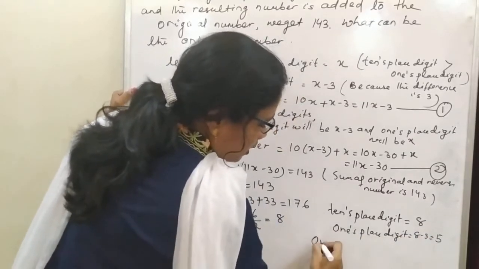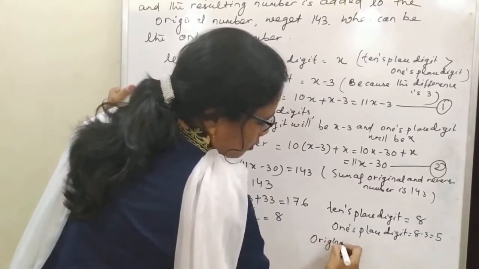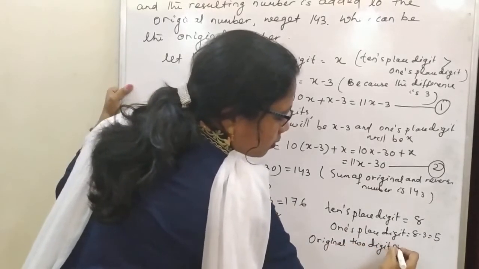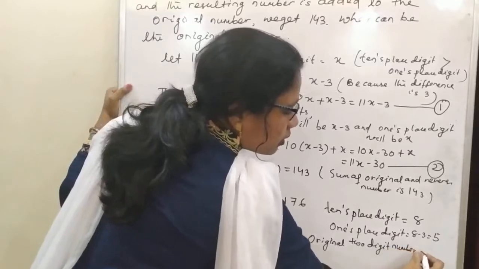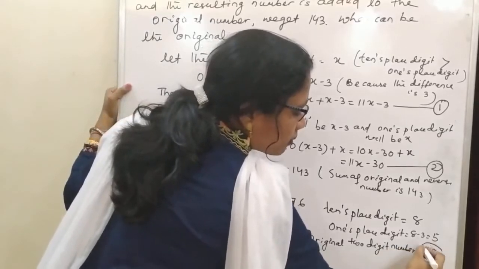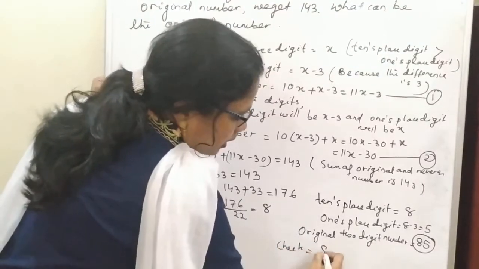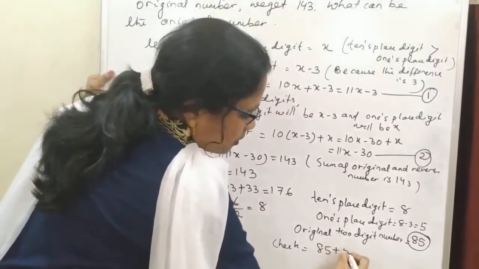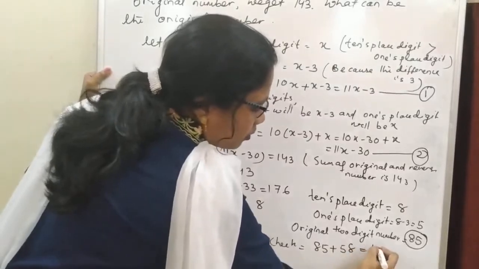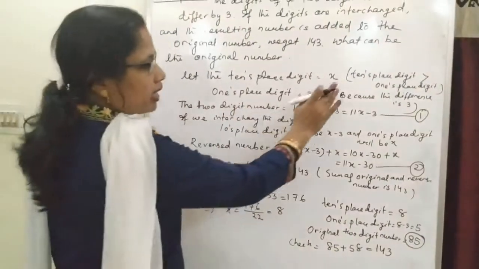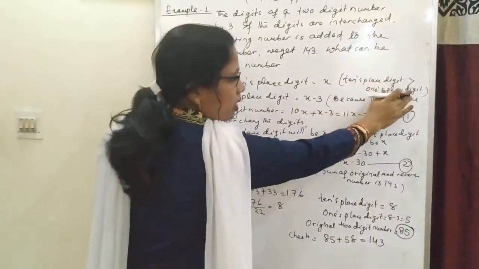So our original two-digit number is equal to 85. We can check that 85, our original number, plus 58, our reverse number, will be 143. Here I am taking the tens place digit as greater than the ones place digit.